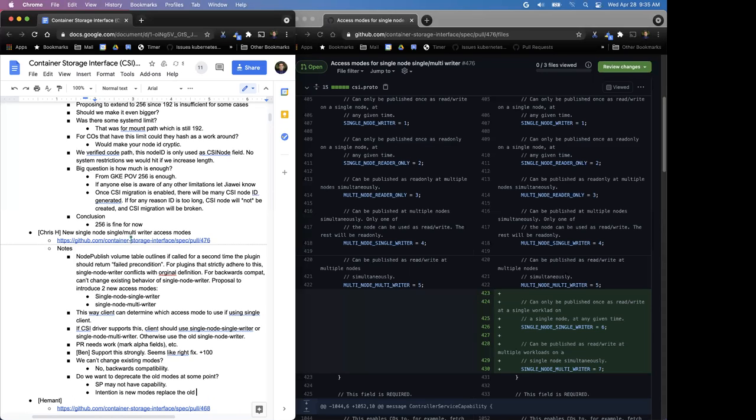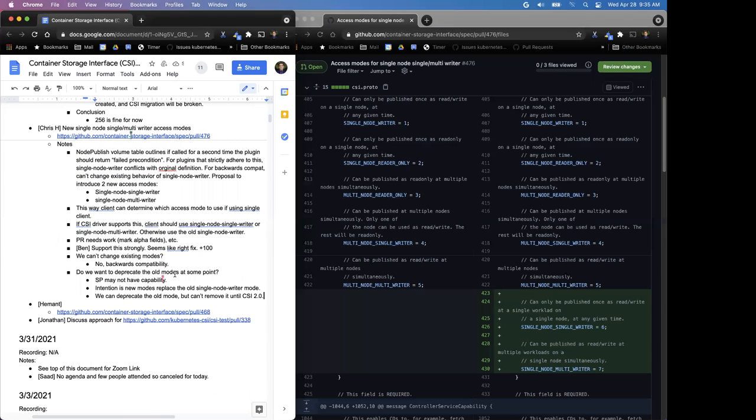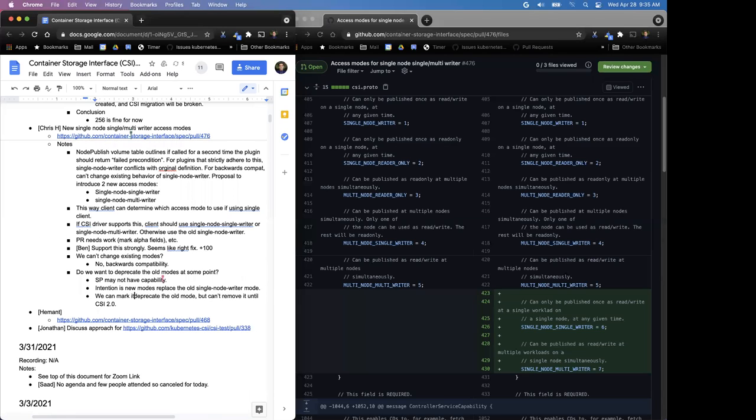So I feel like we can deprecate single node writer, but we can't actually remove it until a 2.0. As long as we're dealing with old CSI plugins that don't have the capability, you have to keep using the old access mode. Maybe marking it deprecated helps. Isn't the old access mode exactly the same as single node single writer?